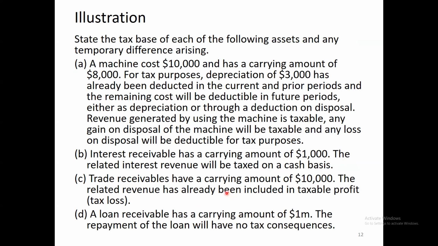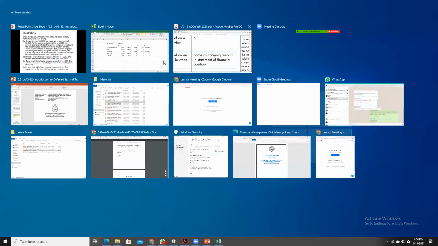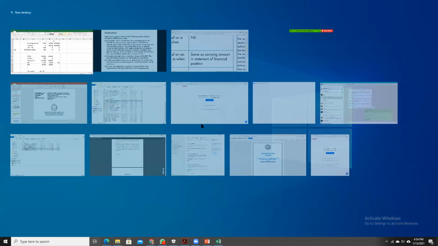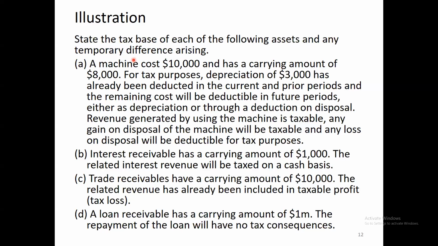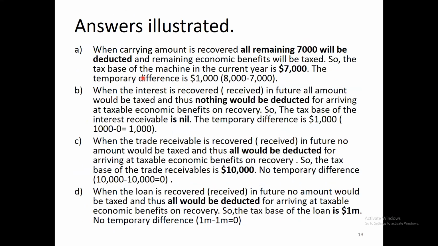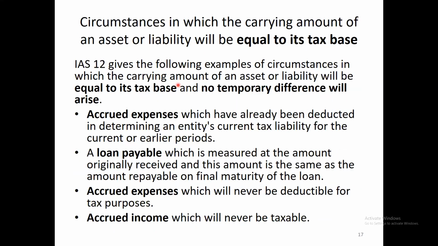Here, part C: the carrying amount and tax base are equal, and there is no tax difference, right? And a loan payable which is measured at the amount originally received, and this amount is the same as the amount repayable on maturity.